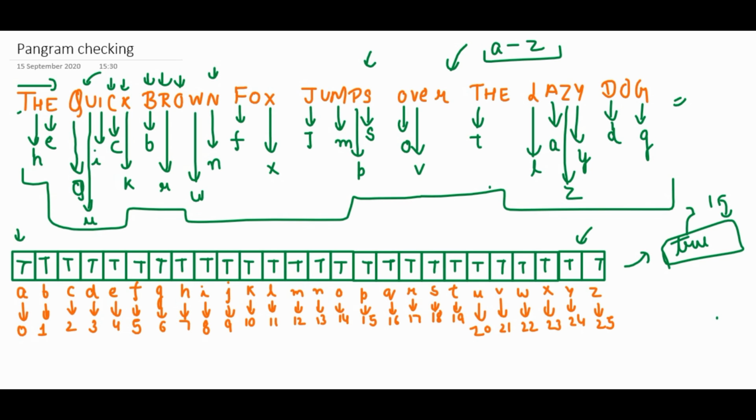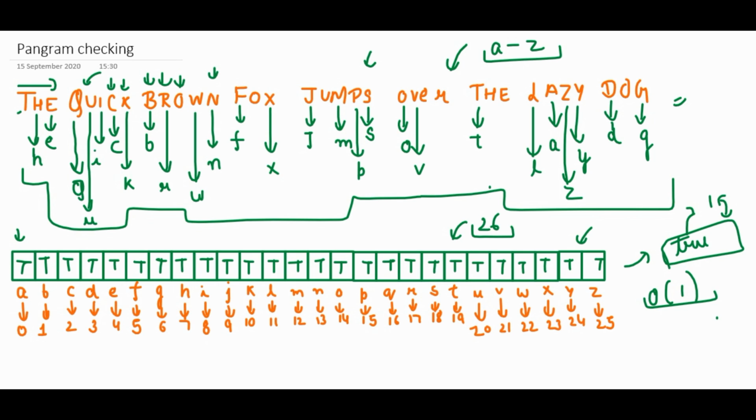This approach will take big O of 1 space. Why am I saying big O of 1? Because only 26, which is fixed. We have only a 26 size array. So the space complexity for this is big O of 1, because the size of the array that we are using is fixed, which is 26 only, which is considered as 26 variables, right?